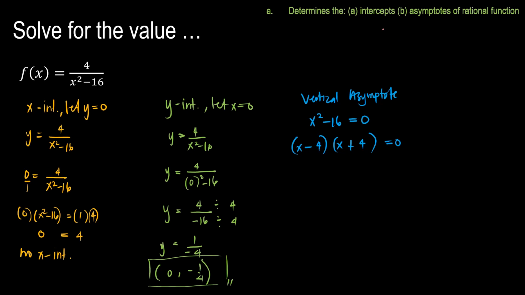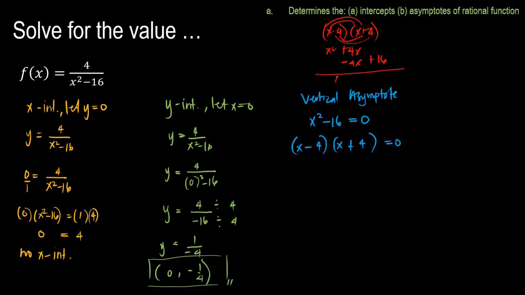So let's recheck. Okay, so x minus 4, x plus 4. Do the FOIL method. X times x is x squared, x times 4 is 4x, negative 4 times x, we will have negative 4x. Negative 4 times 4 is equal to 16.